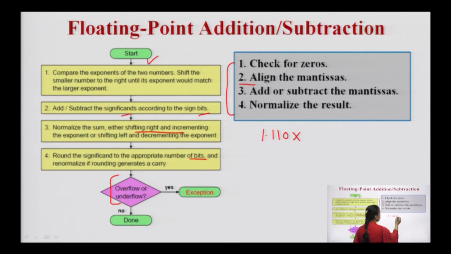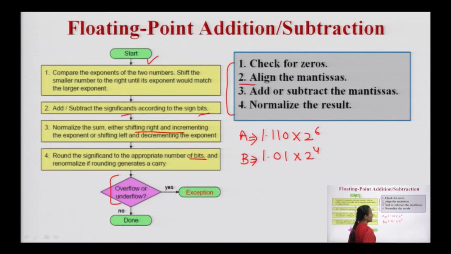Suppose I am taking one number as 1.110 into 2 to the power 6, and the second number as 1.01 into 2 to the power 4. Suppose this is my number A and this is my number B. As I told, they are checked for the higher exponent.